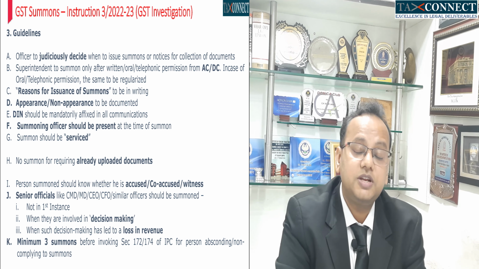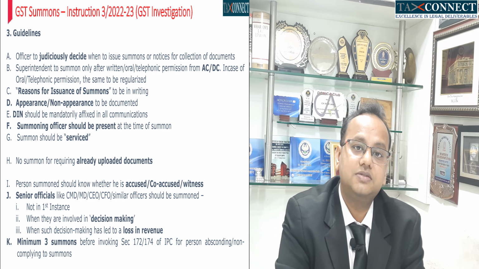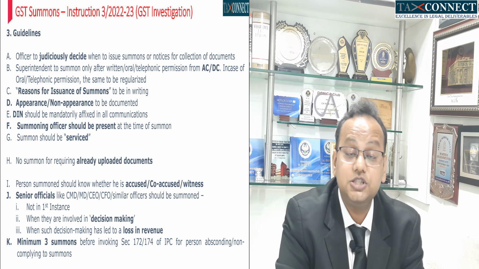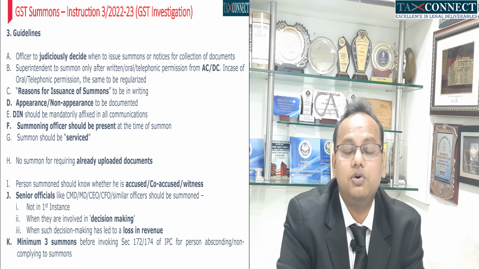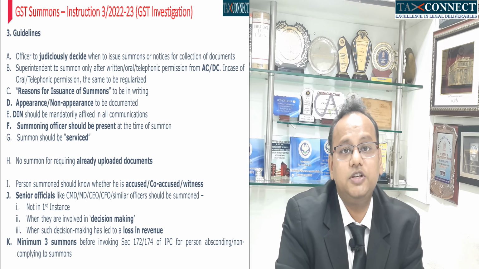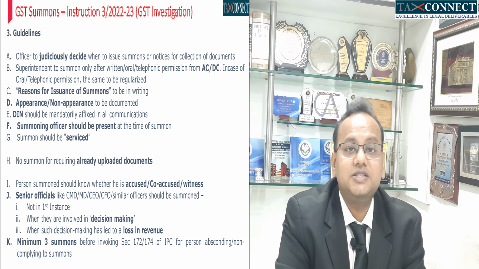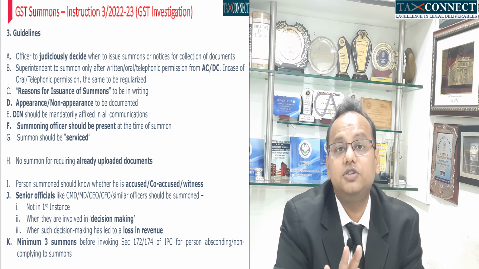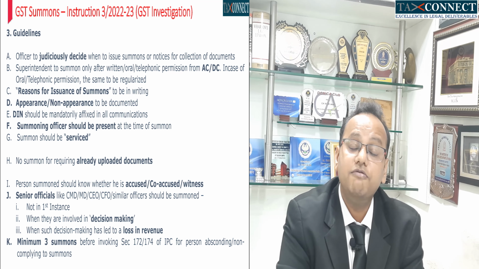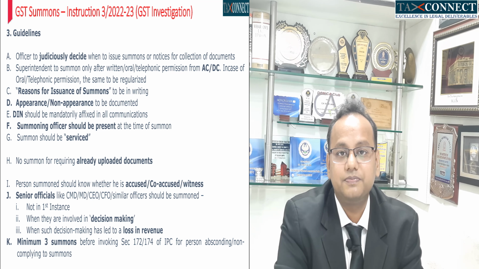Last and most important is that top officials like CMD, Managing Director, CFO, CEO, and such officials should be summoned only after due compliance of 3 conditions. First, they should not be summoned at the first instance.